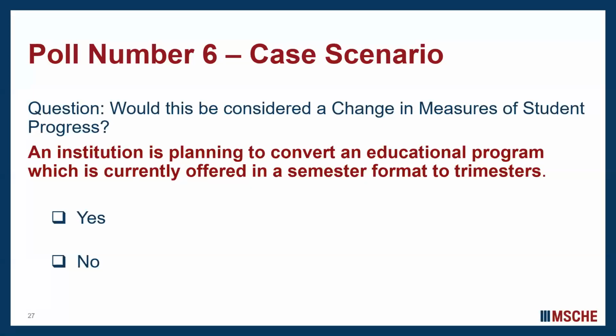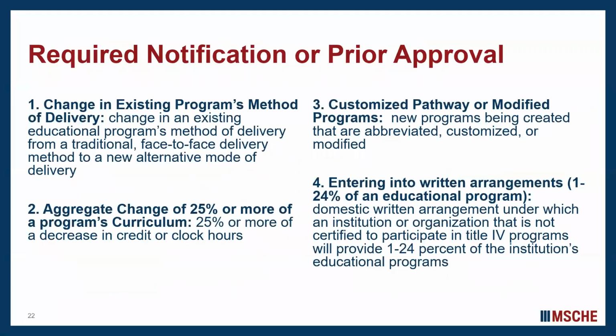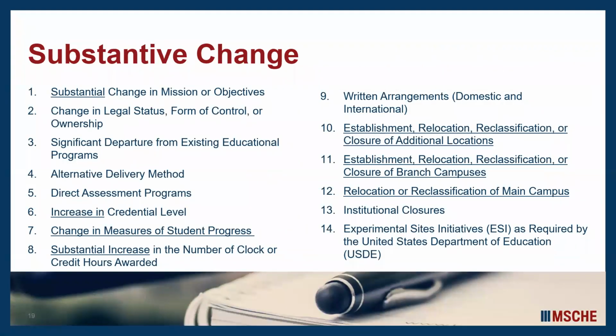So Carmela, thank you. I'm going to ask if you could go to your slide, I believe it's 19, which lists all 14 types of substantive change. We've had a good amount of questions coming in around substantive change type number 3 and type number 6. I'm trying to synthesize multiple questions here.